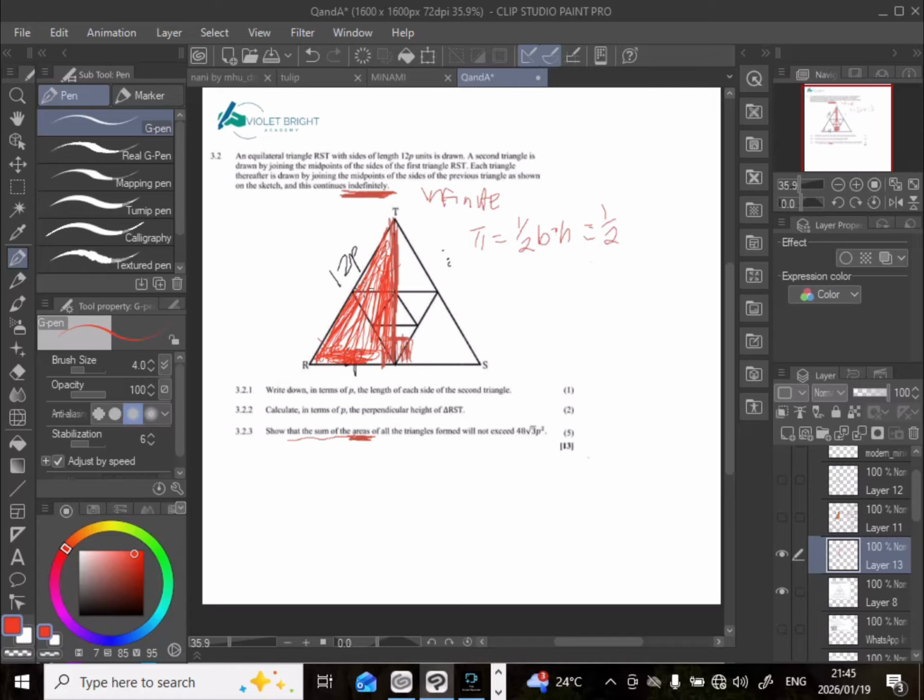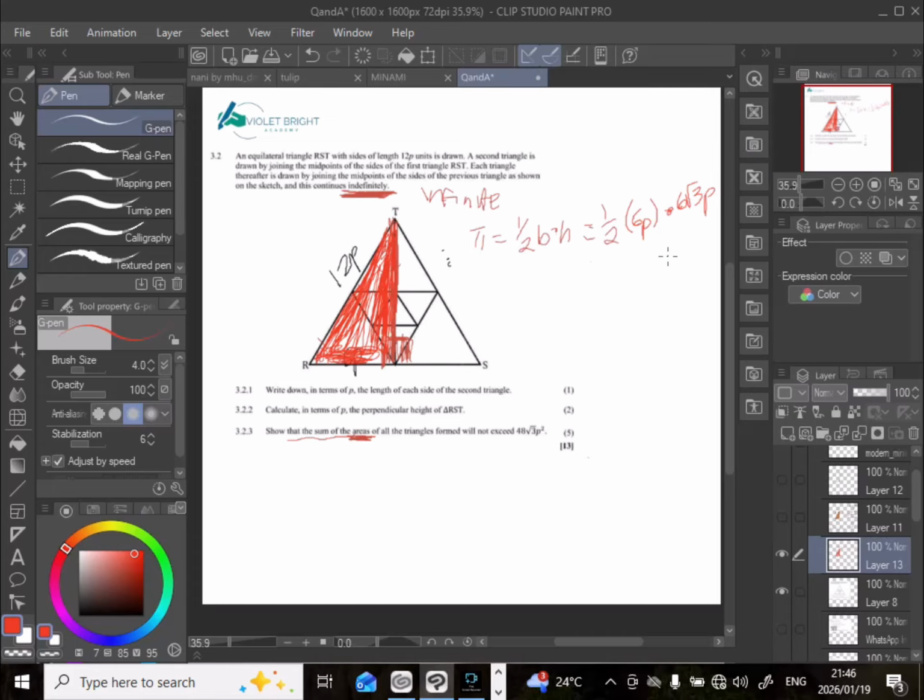So it's half base, which is 6p, multiplied by the perpendicular height, which height? This height, 6 root 3 that we found, 6 root 3 p.